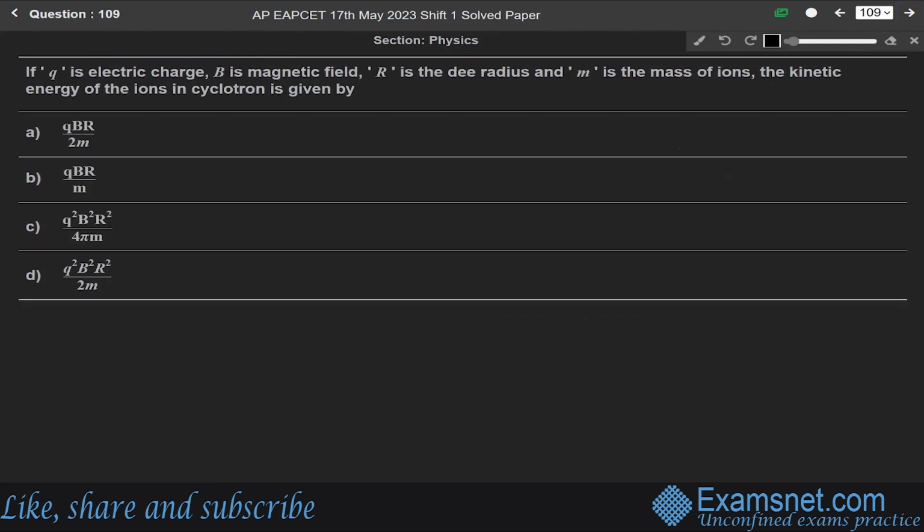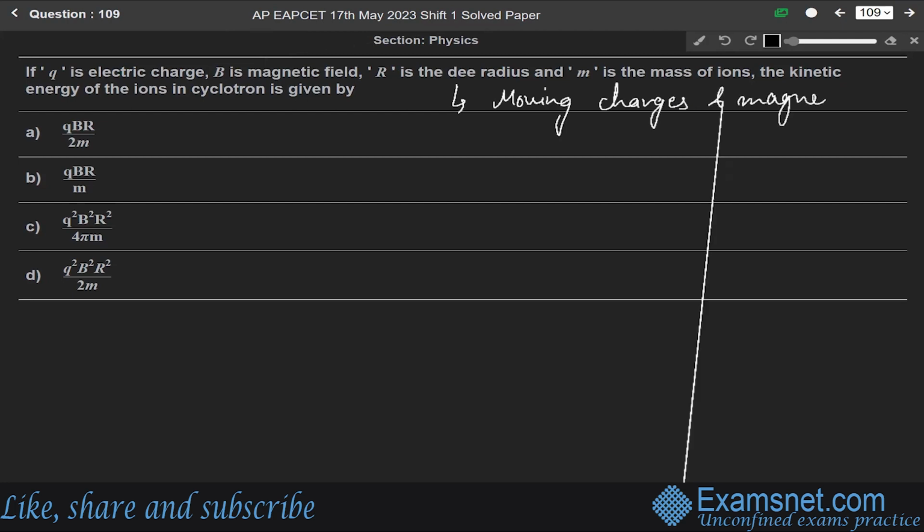Now question 109. If Q is the electric charge, B is the magnetic field, R is the radius, and M is the mass of ions, the kinetic energy of ions in a cyclotron is given by. Okay. So this question is again from the chapter of moving charges and magnetism.